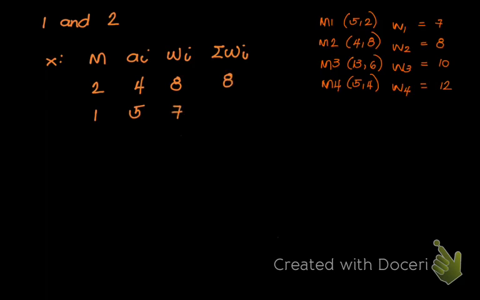So we have 8 and 15. Again, 15 divided by 2 will be 7.5. This means the cumulative weight exceeds 7.5 at 4, which gives you the value of 4 as the location of the facility in terms of its x coordinate. And then, for y, it's the same process.